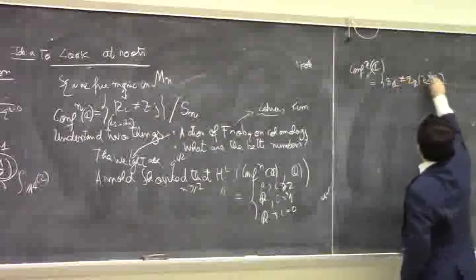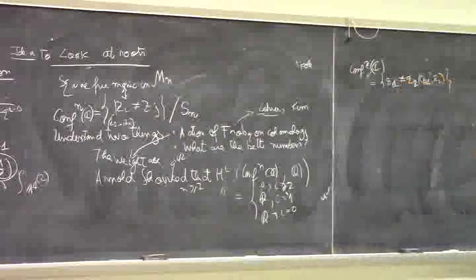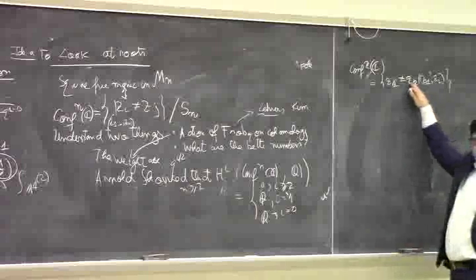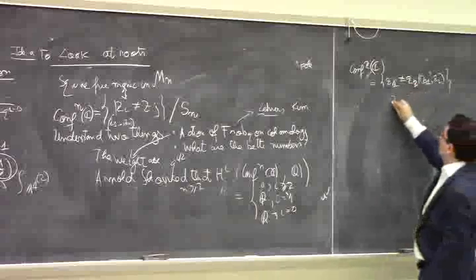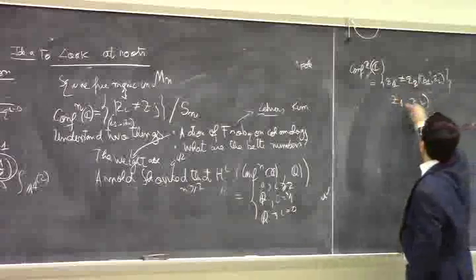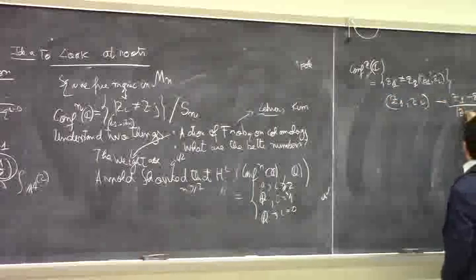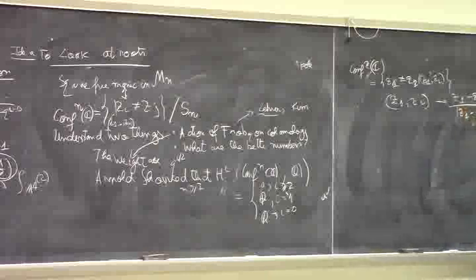If you use your topology, this space is homotopy equivalent to S^1, the unit circle, because you can map (z_1, z_2) to (z_1 minus z_2) over the absolute value of (z_1 minus z_2). So you can contract it down to that. So what cohomology groups does it have?